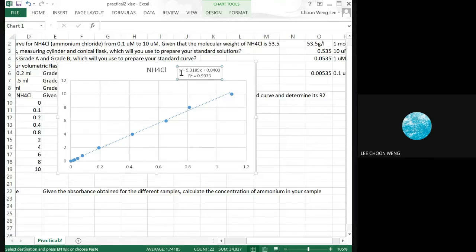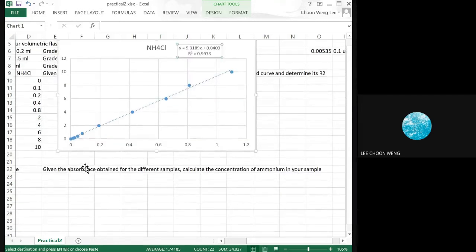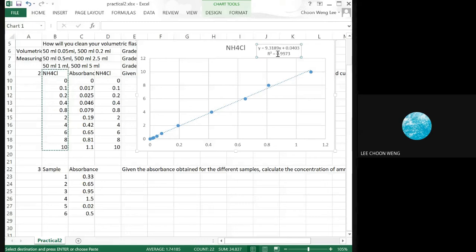Y will be your micromolar concentration, and this is your absorbance. So you have this equation here.